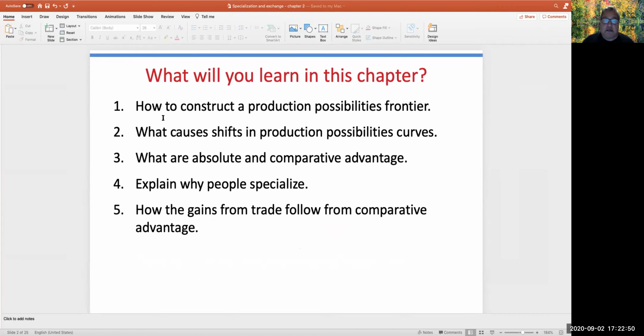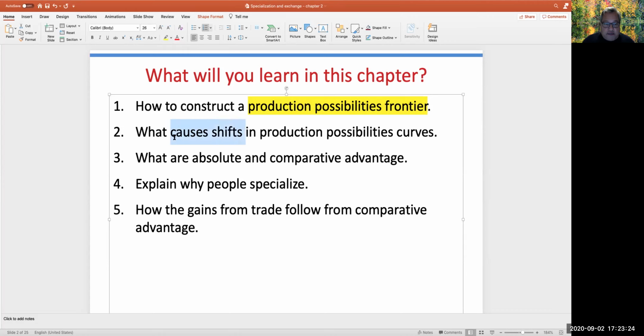In particular, at the end of this chapter, we're going to be able to do these 5 things that are listed in the slide. One is how to build something called a production possibilities frontier. So we have to do that first. Second, we're going to then use this visual graphic model to learn about what particular factors cause changes in production possibilities frontiers.